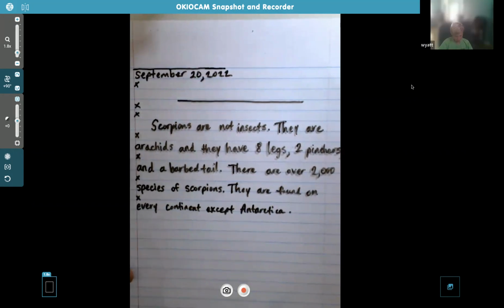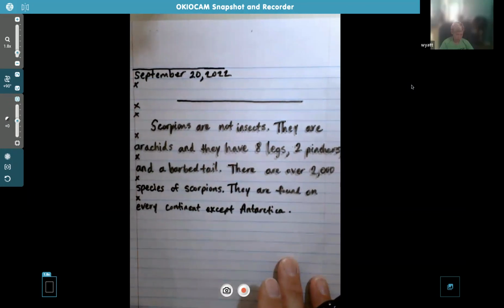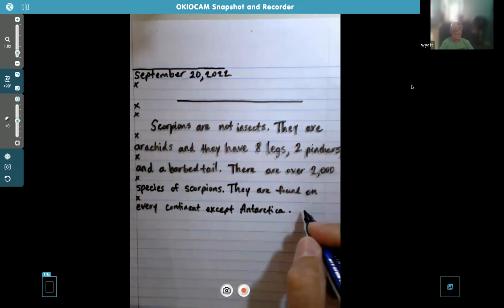Okay. Scorpions venom kills 30 adults. Can kill over 30 adults. Okay, good. Try it one more time, the whole sentence one more time. Scorpion's venom can kill over 30 adults. Good.